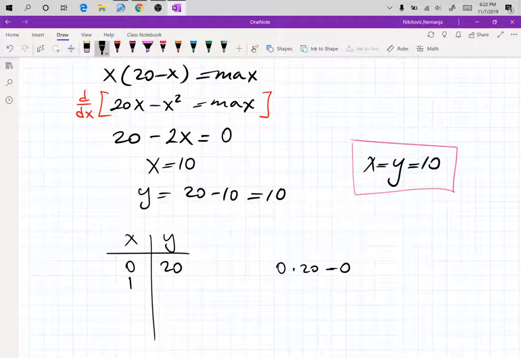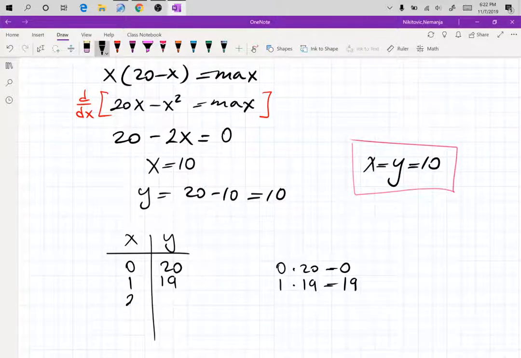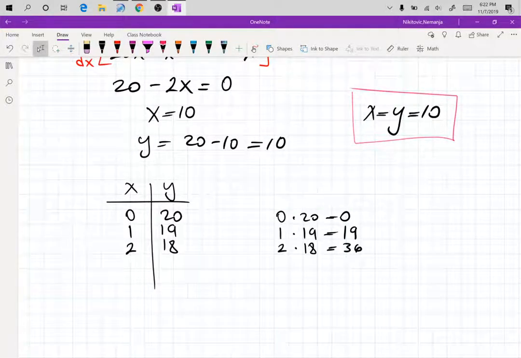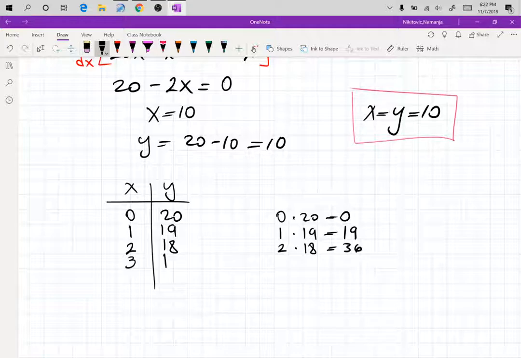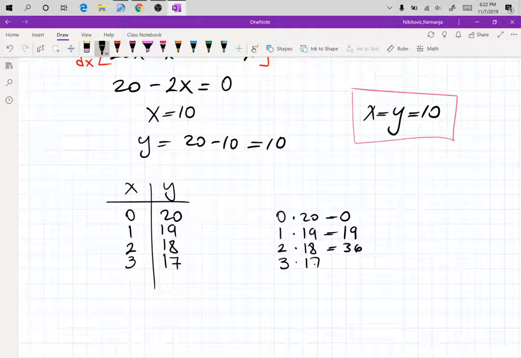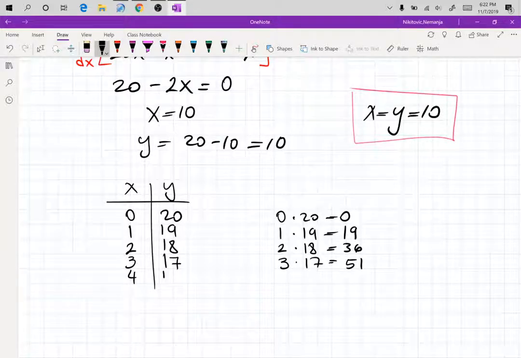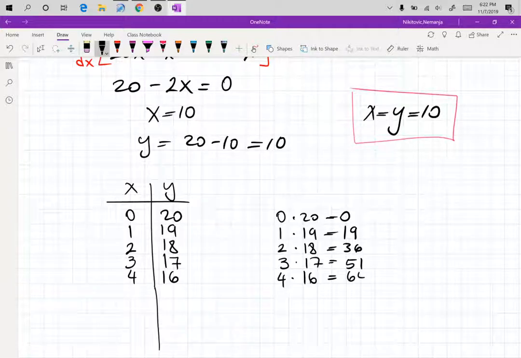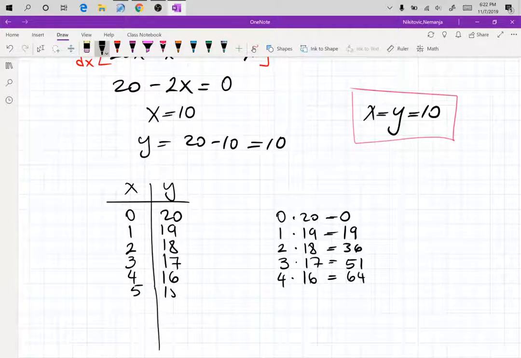Then 1 and 19 also add to 20, and 1 times 19 is 19. 2 plus 18 is 20, and 2 times 18 is 36. So as you can see, it's getting better. So 3 and 17 is 3 times 17, which is very good. Now you have 4 times 16 for the next one, and then 5 times 15.